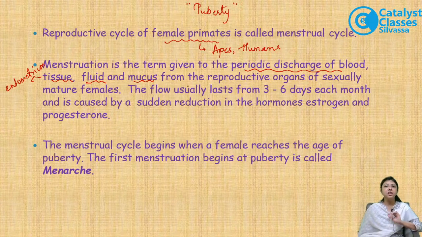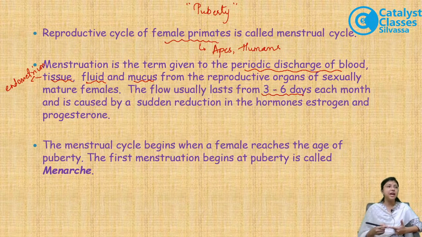On an average, the flow in a female lasts for 3 to 6 days. For 3 to 6 days every month the female undergoes these reproductive cyclic changes, which we call the menstrual cycle.